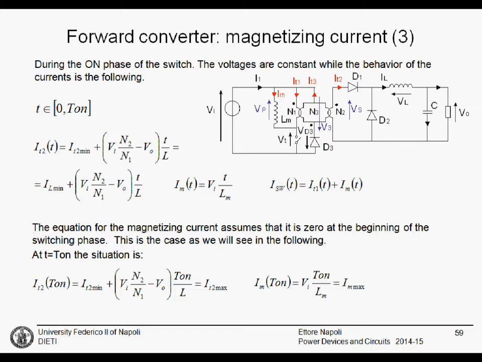The magnetizing current will then increase. We can obviously calculate the maximum values of this current, that is IT2 at T on, that is this equation where T is substituted with T on, and this is the maximum of IT2 current, and it is also the maximum of the IL current. And also we can calculate the maximum of the magnetizing current.